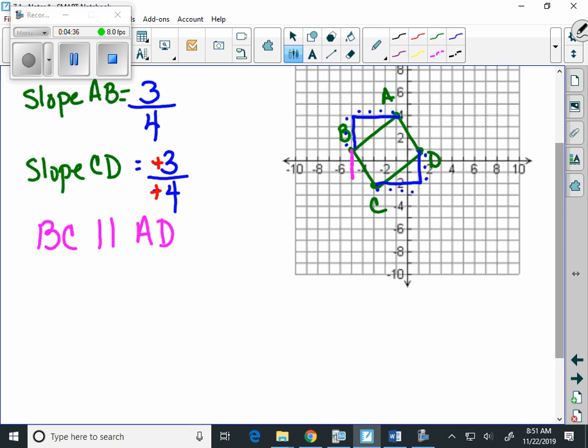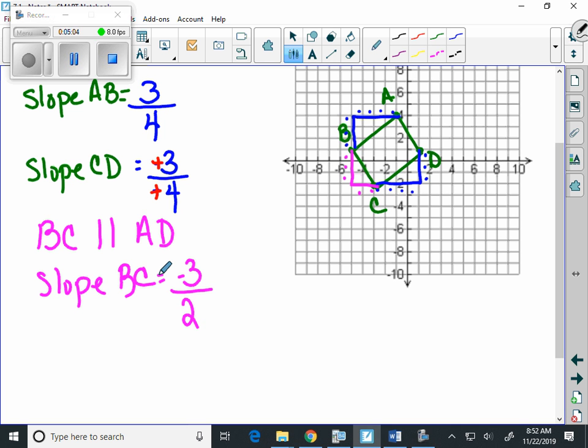BC, well, in this case, what we've got is we went down 3 and to the right 2. So our slope of BC, down 3 and to the right 2. Down means negative, but we went to the right, it's 2.